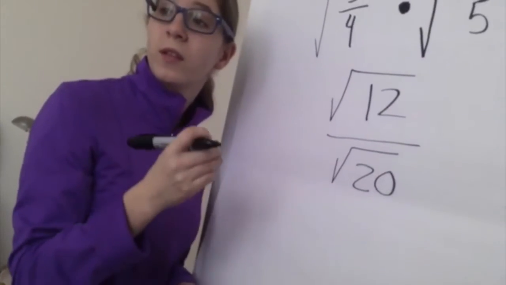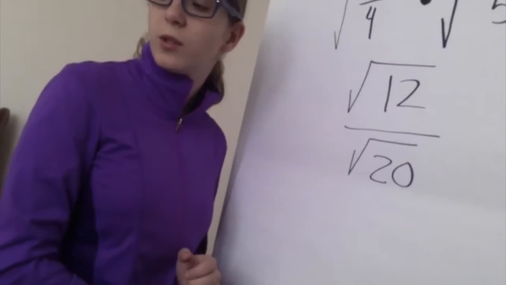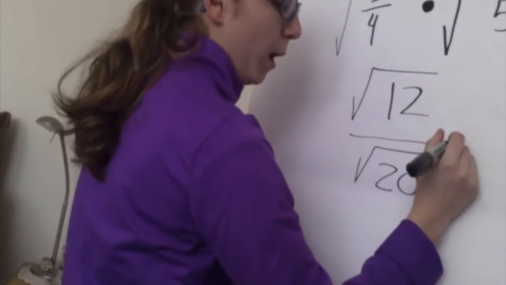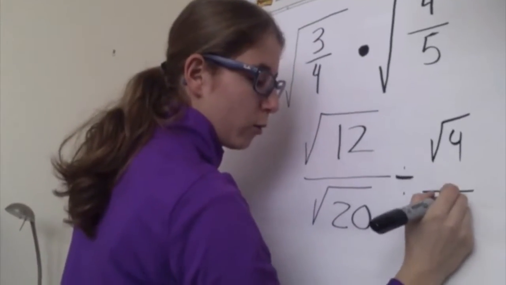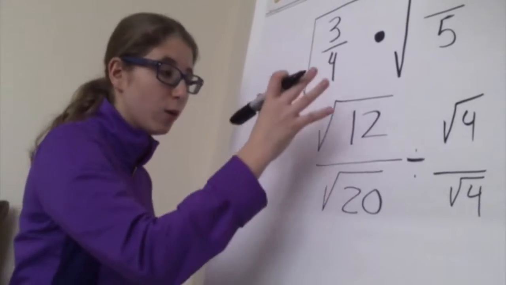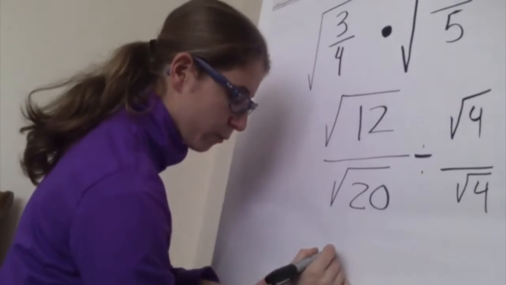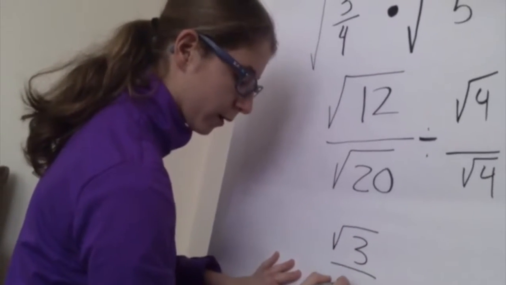The number is radical 4. So you have to divide it by radical 4 over radical 4. Once you divide it, you get radical 3 over radical 5.